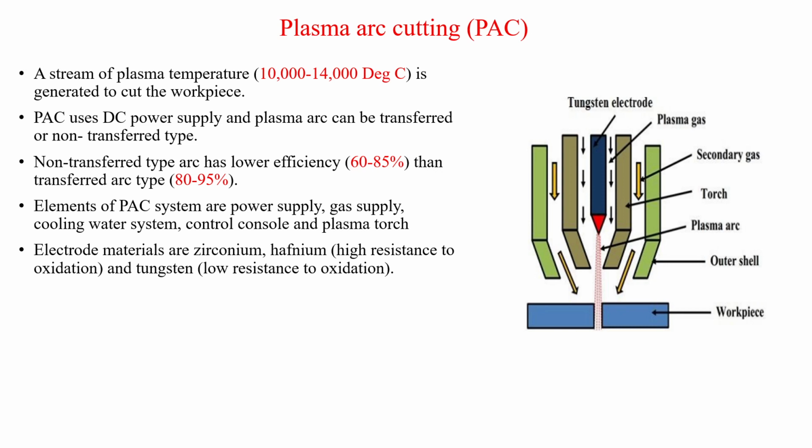Okay, what are the elements of PAC, plasma arc cutting? The power supply, gas supply, cooling water system, control console and plasma torch. Electrode materials are generally zirconium and hafnium. Basically, what happens here, for example, is that gas is moving into the nozzle and the gas dissociates.